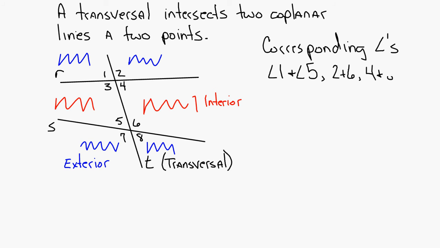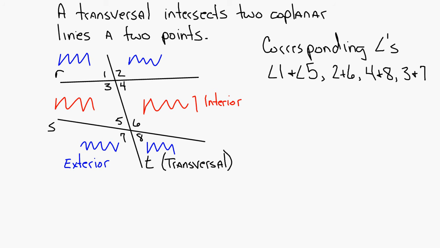And what's the last pair? 3 and 7. Everybody see that? It's real important that you understand these definitions because there are going to be rules based on these definitions. So you have to understand what corresponding angles are and where they sit.